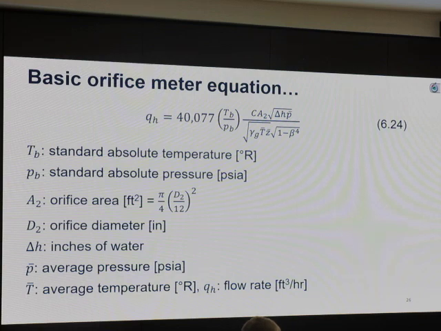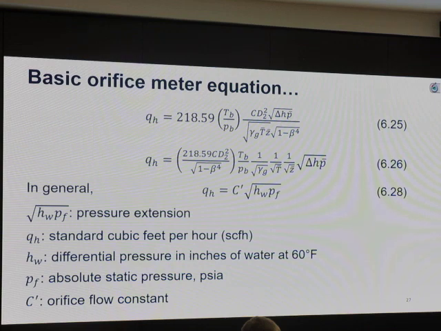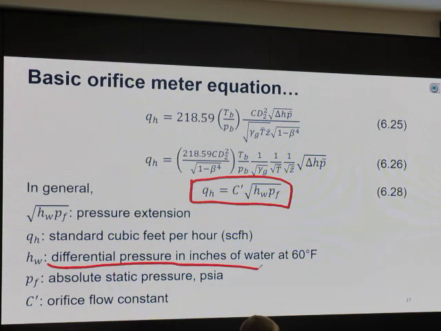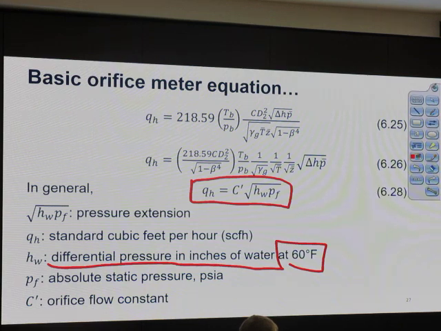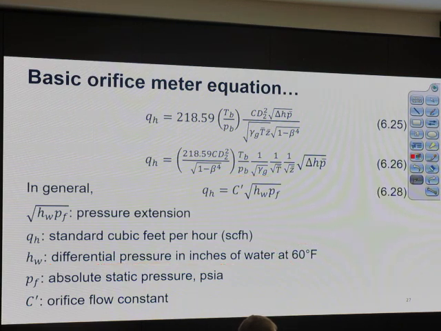Okay, it's still quite a lot. So rearrange it more. I get this. Okay, Q_H equal to C prime square root of h_w P_f. h_w is differential pressure in inch of water defined at 60 Fahrenheit. P_f is absolute static pressure in PSIA. C prime is an orifice constant.